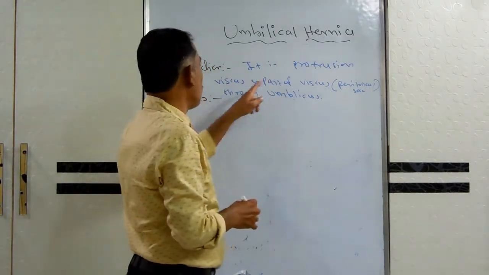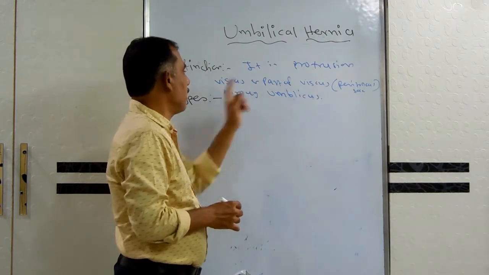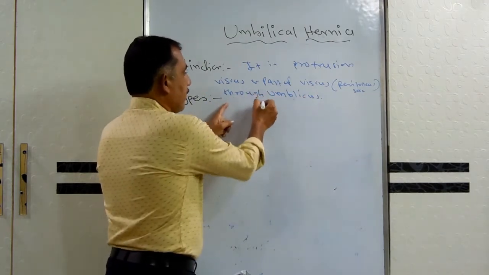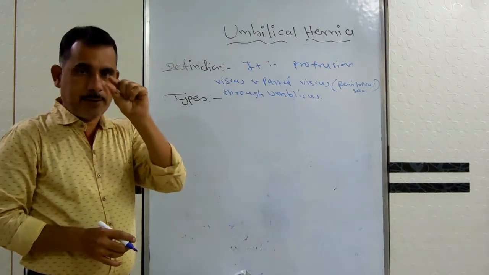You understood? It is a protrusion of viscus or part of viscus through the umbilicus or umbilical region, the umbilical pores, the scar.